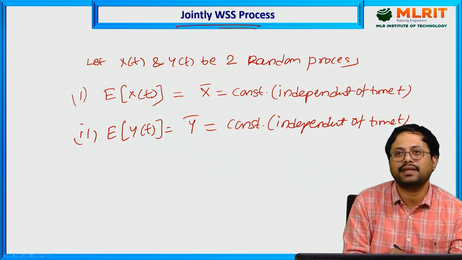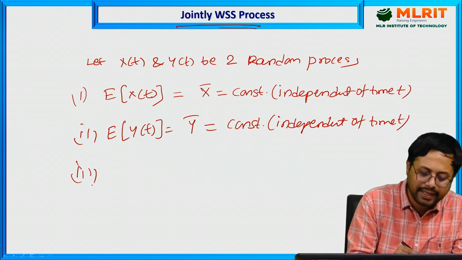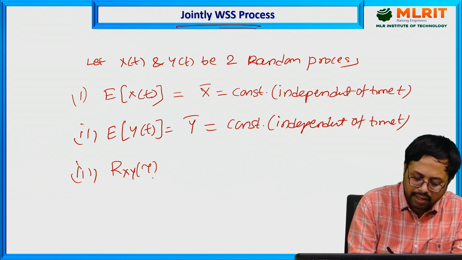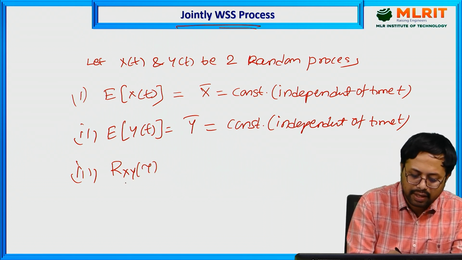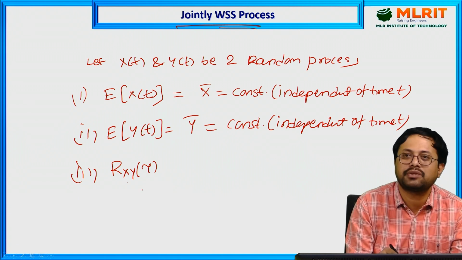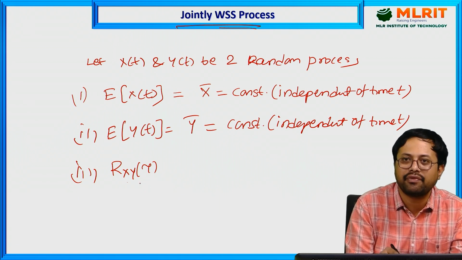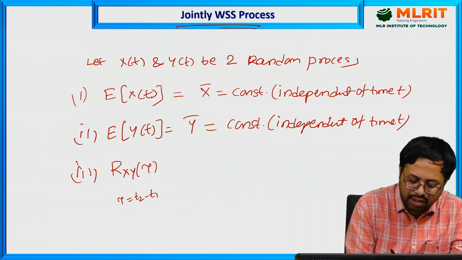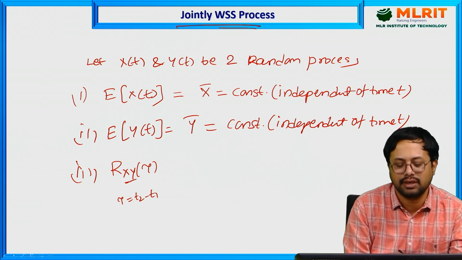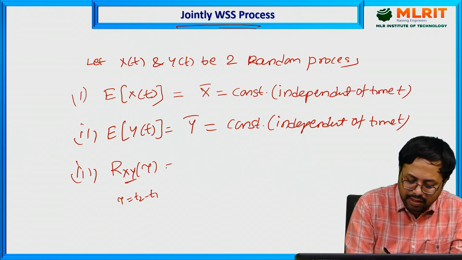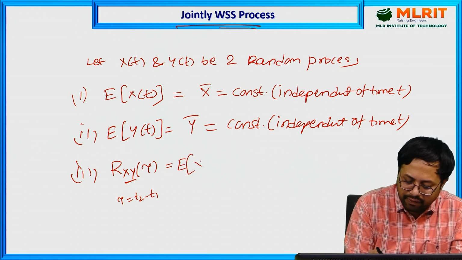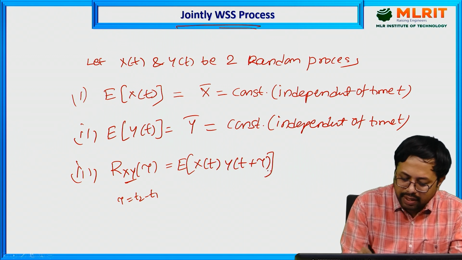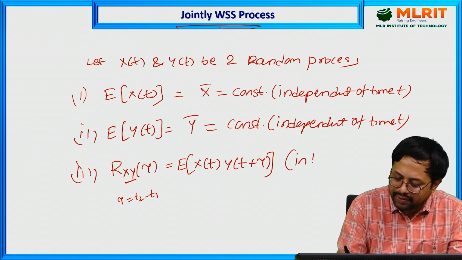The third condition tells that the cross correlation function Rxy of tau must be a function of the time difference tau, the difference of two time instants of two different random processes. The formula is expectation of x of t into y of t plus tau, and it must be independent of time t.